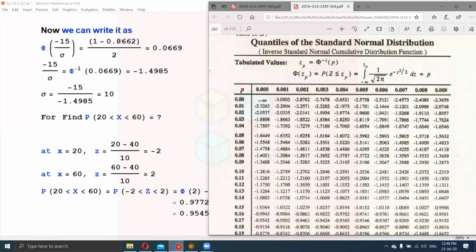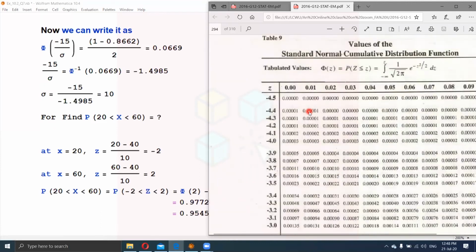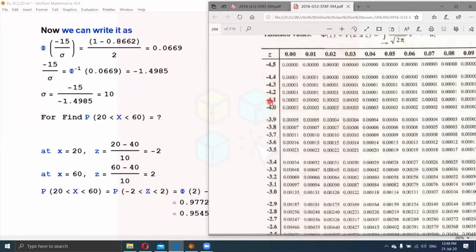So phi of 2, this is the table of phi, and the area table is used for the solution of this value. The table number 9 is this one, the values of the standard normal cumulative distribution function phi of z. So ensure that phi of z is in the title of the table, and we will locate our value 2 here. Initially it's a negative value.